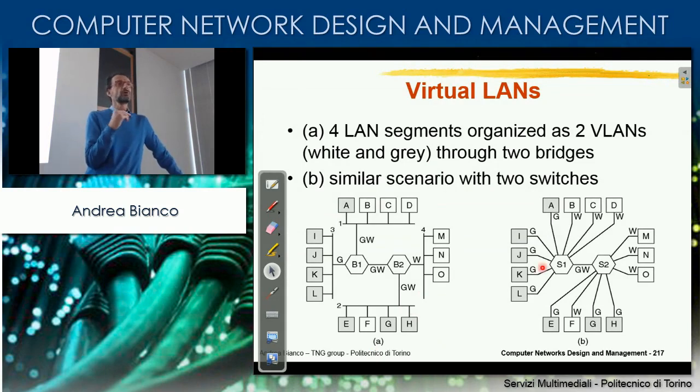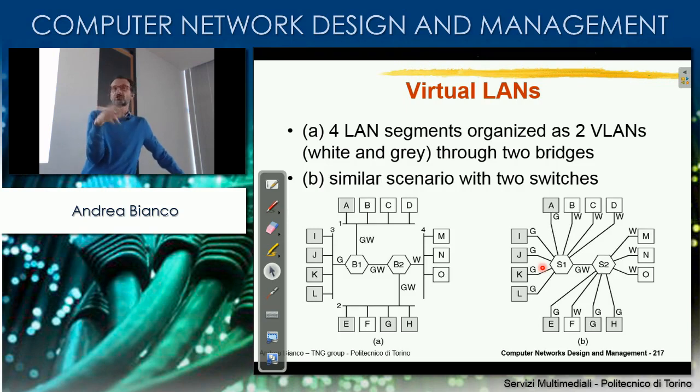Whenever one of those hosts generates a packet, it will add to that packet a VLAN ID in the packet header, which will be gray if you have been assigned to the gray VLAN, or white if you have been assigned to the white VLAN. That's how you distinguish among the packets generated on the same physical infrastructure. The physical infrastructure is shared, but you have 2 logical LANs. And direct communication is only possible if you belong to the same VLAN.